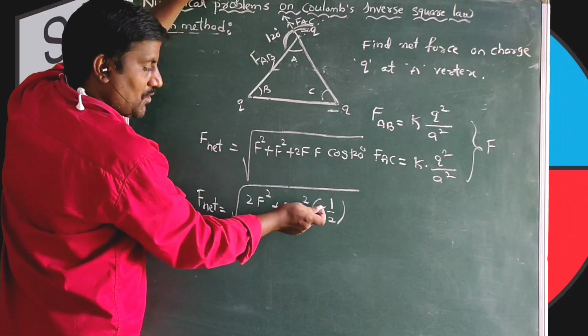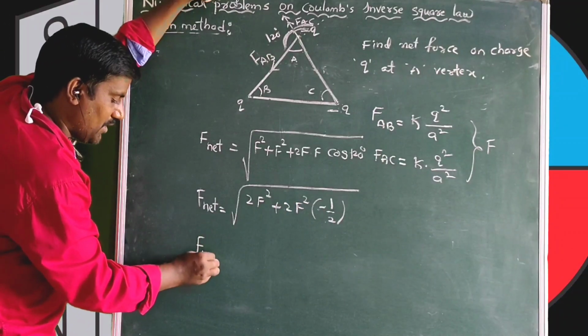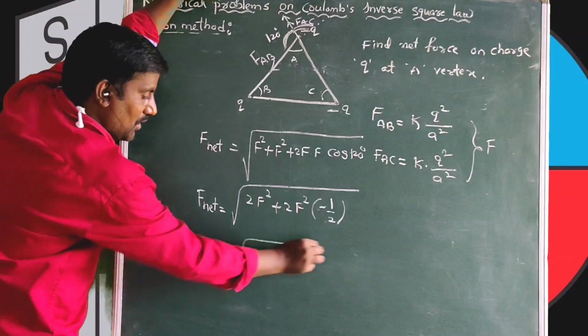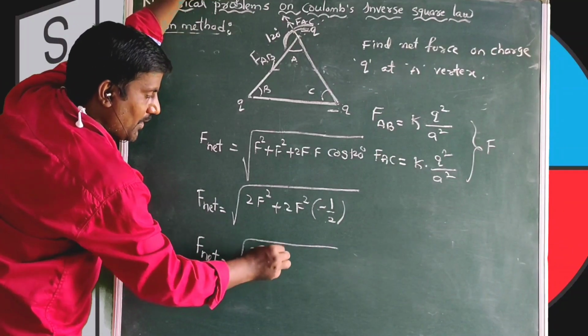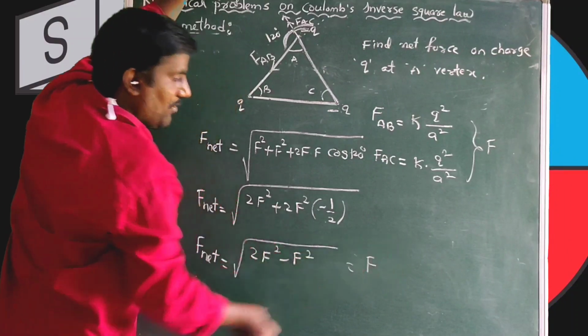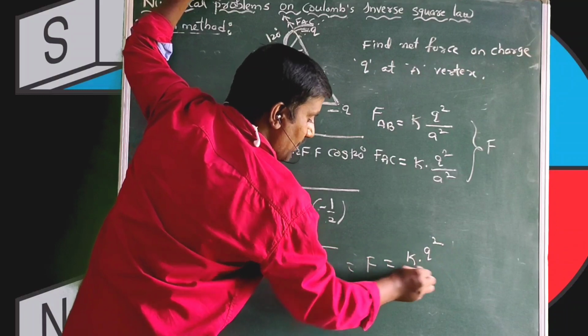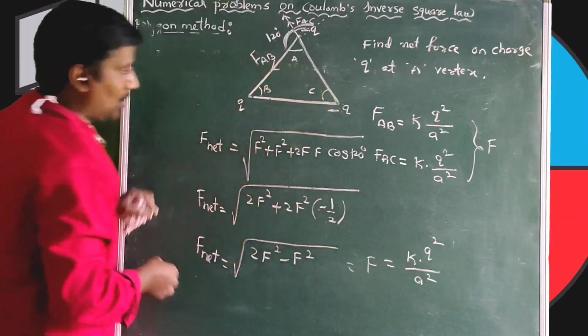Here the 2 is cancelled, so plus and minus F square. Therefore, F net is equal to root over 2F square minus F square. So finally, the force is F, which is equal to K into Q square by A square. This is the net force.